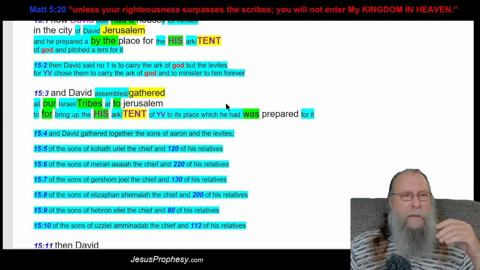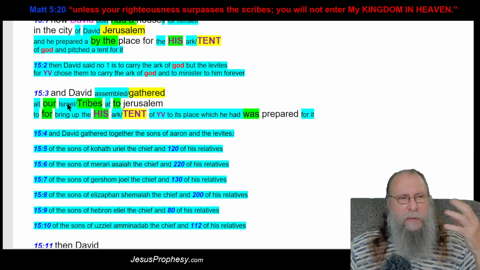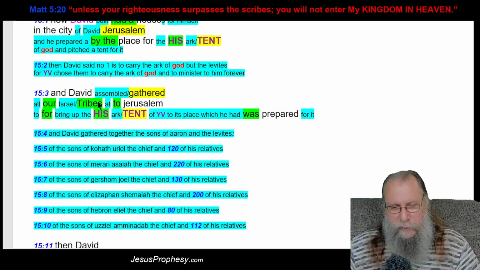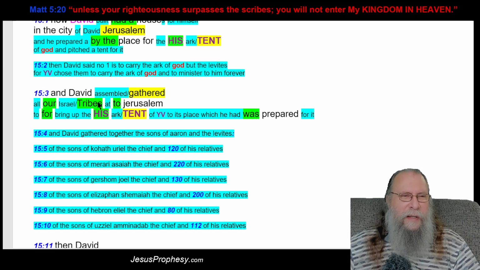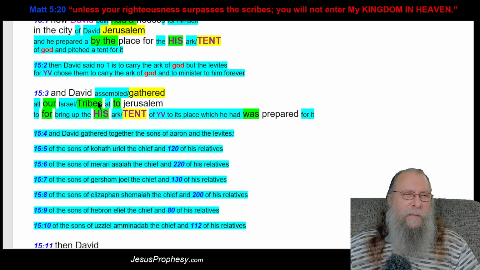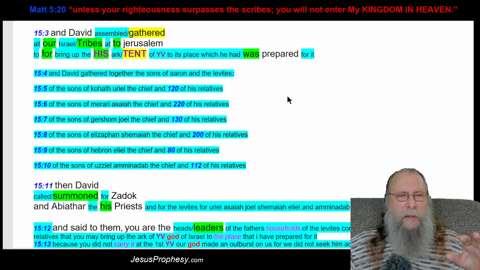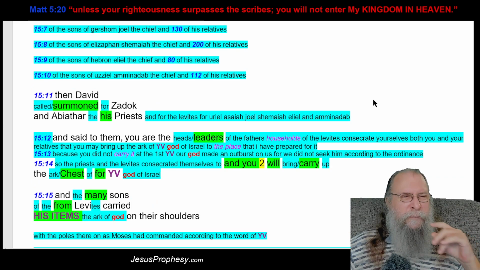Okay. And not just Israel, individual tribes. This means tribes, but it's not like all million of them are going to be gathered together. So from each, yes, to bring up his tent.